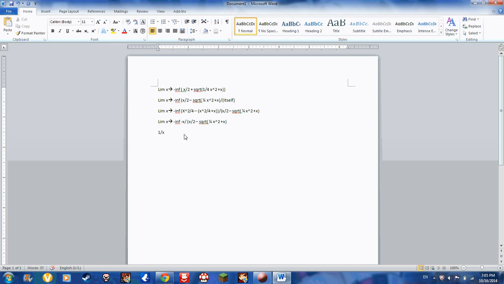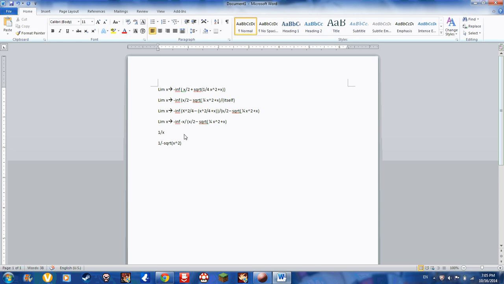Now then, it's not that simple, because the square root of 1/4 x squared plus x is not really multipliable by 1 over x. So what do you multiply by? You multiply by 1 over negative the square root of x squared. You might be wondering why it's negative.